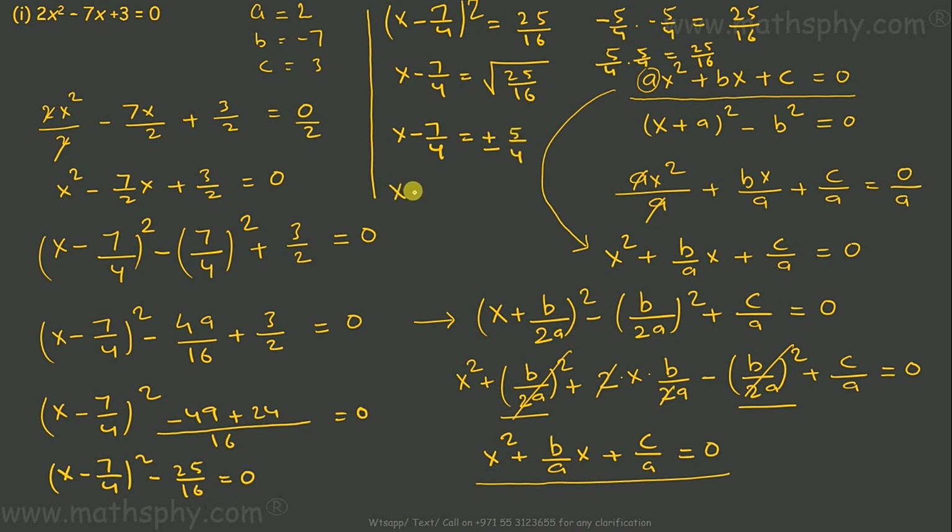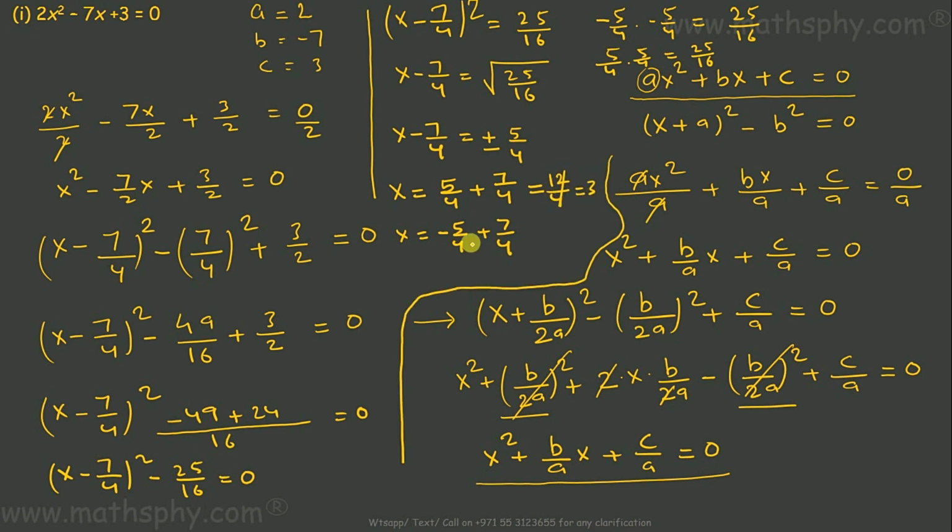So x would be 5 over 4 plus 7 over 4, and x would be negative 5 over 4 plus 7 over 4. Now if you solve this, this will give you 12 over 4, which is 3. If you solve this, this will give you 2 over 4, which is 1 over 2.